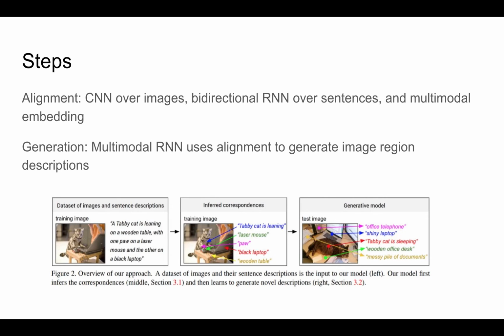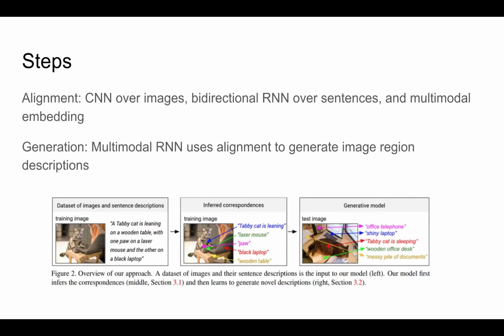Multimodal embedding, is that like we have one embedding for the image and a sentence? So I have an embedding that describes the image and its caption? It links the images with the words.